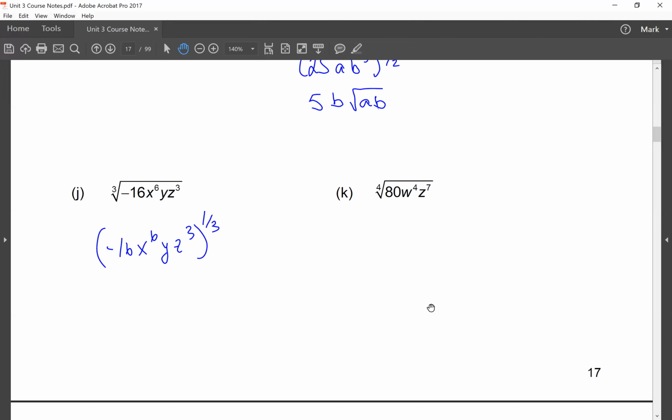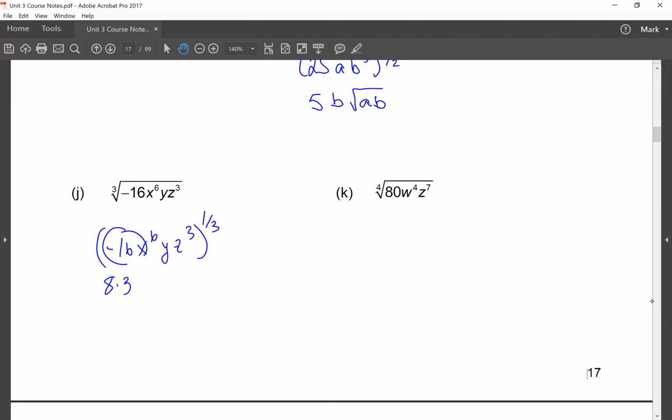So I need to figure out a number that I can remove from 16 that I can take the cube root of. And an example of that would be, from 16, I know that that's 8 times 3. So I could take the cube root of 8 outside, no problem. And you can do that on your calculator. Second function, the root button.